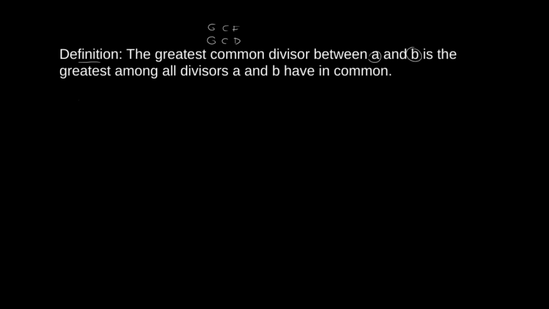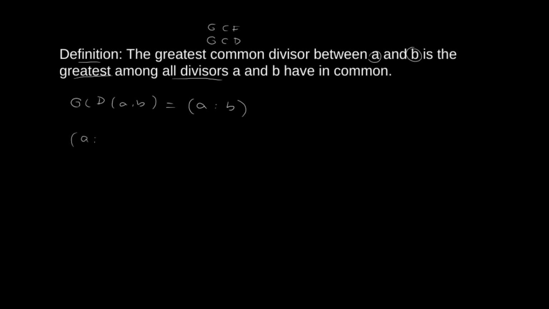So the notation we're gonna be using is that the GCD between a and b is gonna be (a, b). And what does it mean, being the greatest among all the divisors?